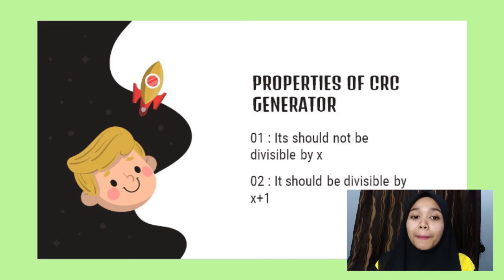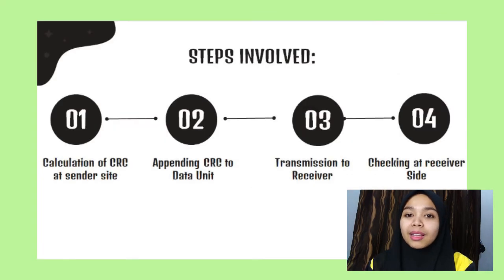Next, the properties of the CRC generator. There are 2 different types of rules in the CRC generator properties. First one, it should not be divisible by x, and the second one is it should be divisible by x plus 1. Next, we go to the steps involved to check the error.